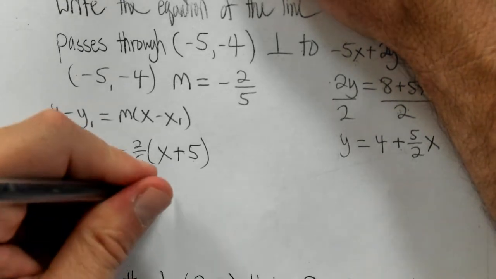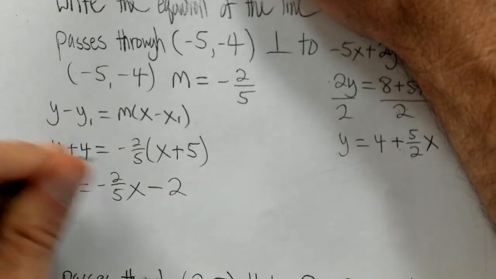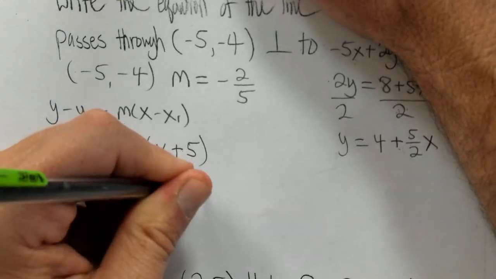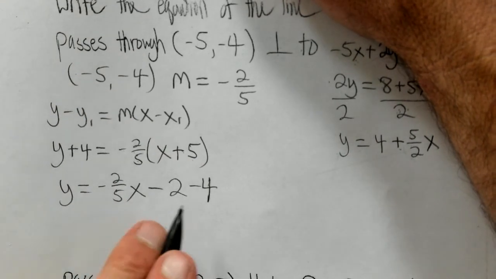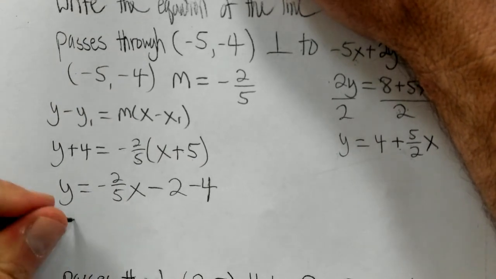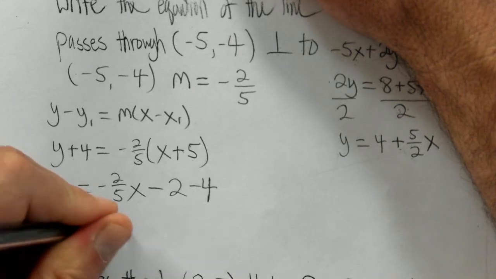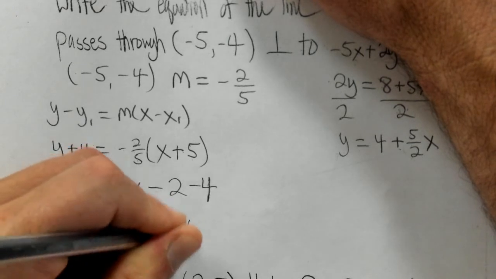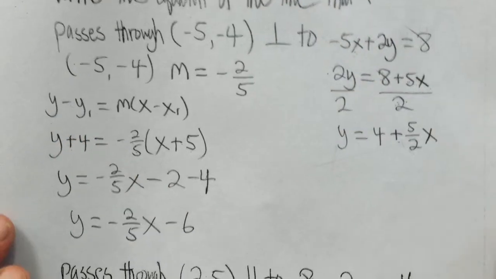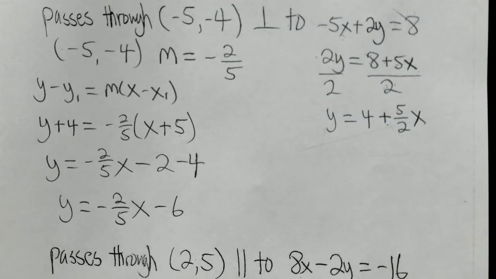Then that'll leave me with 2. But don't forget, you've got a minus 4 that's coming over here as well. Don't forget about that part of it. Plus 4 will move over to minus 4. Put these together and we're done. Y equals negative 2 over 5x minus 6. And that's what we've got now for our answer.